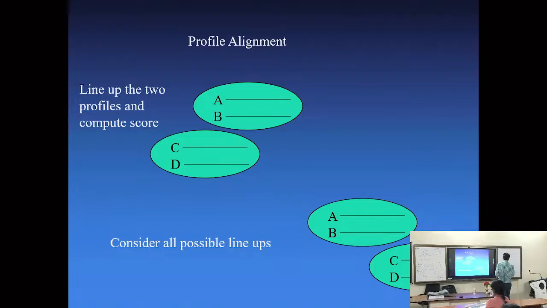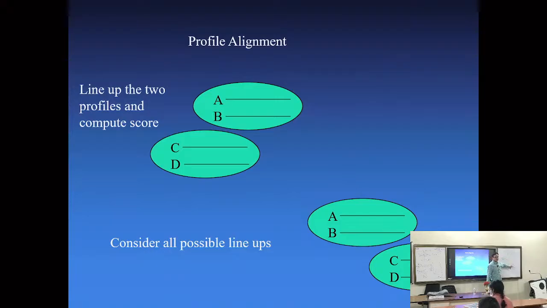So let's consider that we have a group of sequences that have to be aligned with another group of sequences. These have already been aligned, so their scores are known.